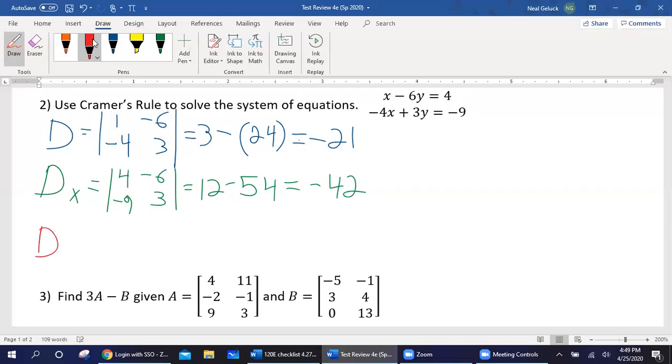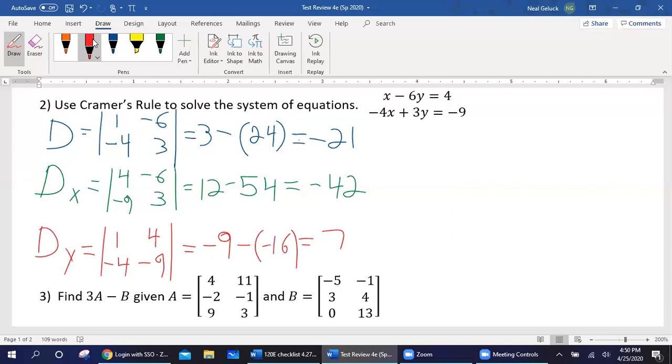And lastly, we find d of y. That's where we change the y column to the constants. The x column goes back to the x coefficients. And when we multiply diagonally, we're going to get -9 minus -16, which equals 7.